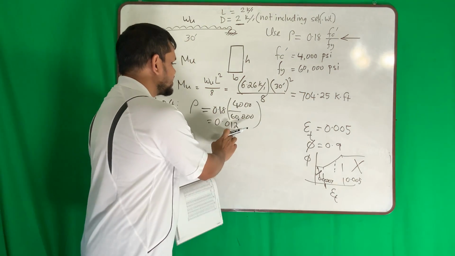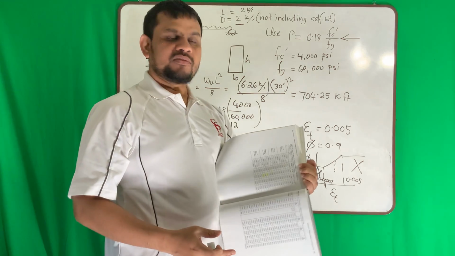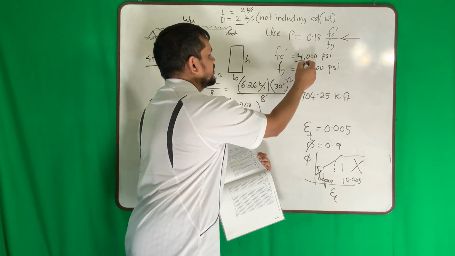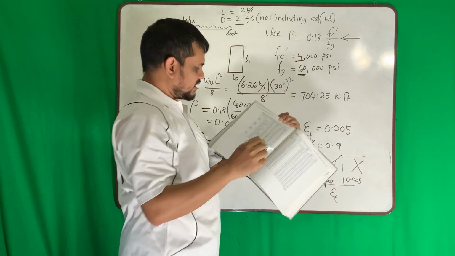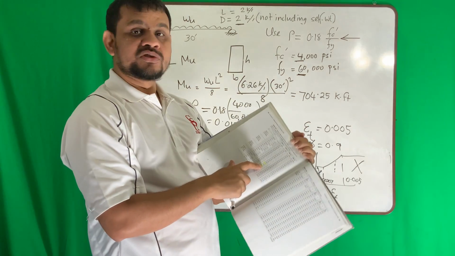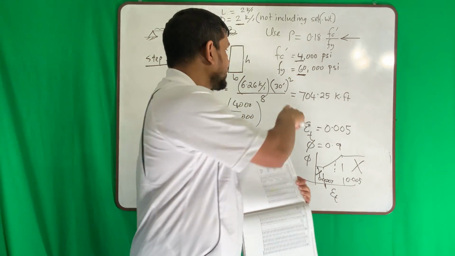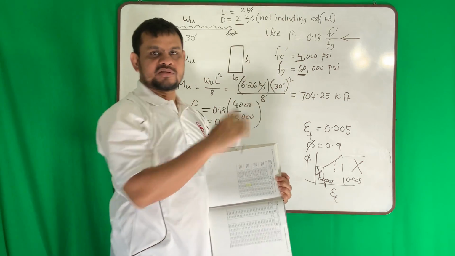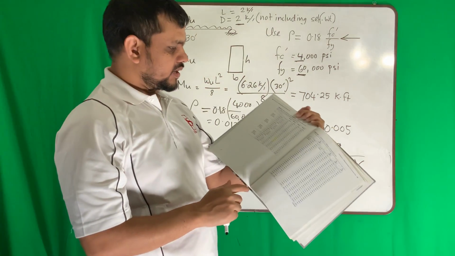This reinforcement must be greater than the minimum for flexure. Our f prime c is 4 and fy is 60,000. I marked these because they are the most important values and properties of concrete and reinforcement.